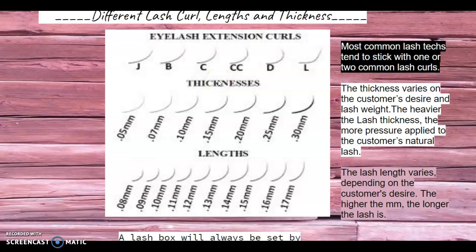So I have B curl, C curl, and CC curl. Again, this is not necessary for your exam, but this is just a helpful hint to use when you don't know what to do or where to start out. I always use the bounce between the two method with everything, and you will always hear me say that throughout the course.